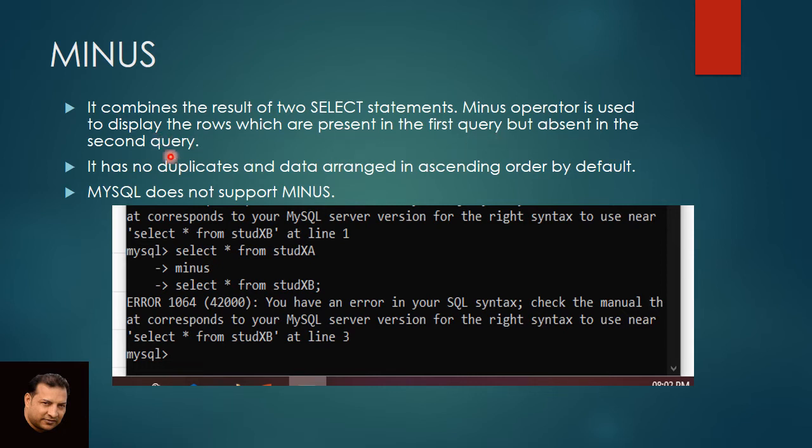So it is a combination of the result of two select statements. Minus operator is used to display the rows which are present in the first query but absent in second query. It has no duplicates and data is arranged in ascending order by default. Now I have tried this minus here and it is showing an error.